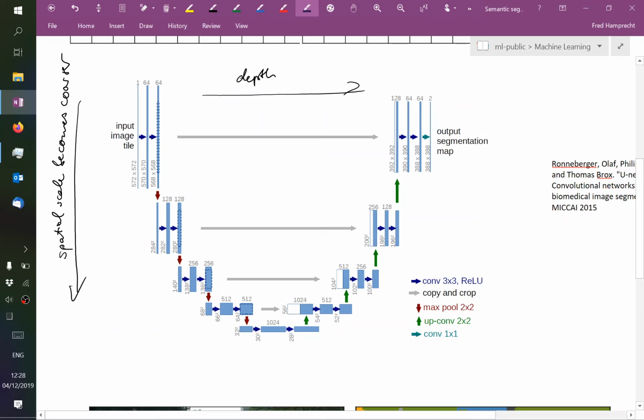But this time, the goal is not to make a statement for the whole image. A whole image decision would be, I give a picture, let's say, of a histological operation, and the network should decide, does it look like there's cancer or not anywhere on this image, but without highlighting where.